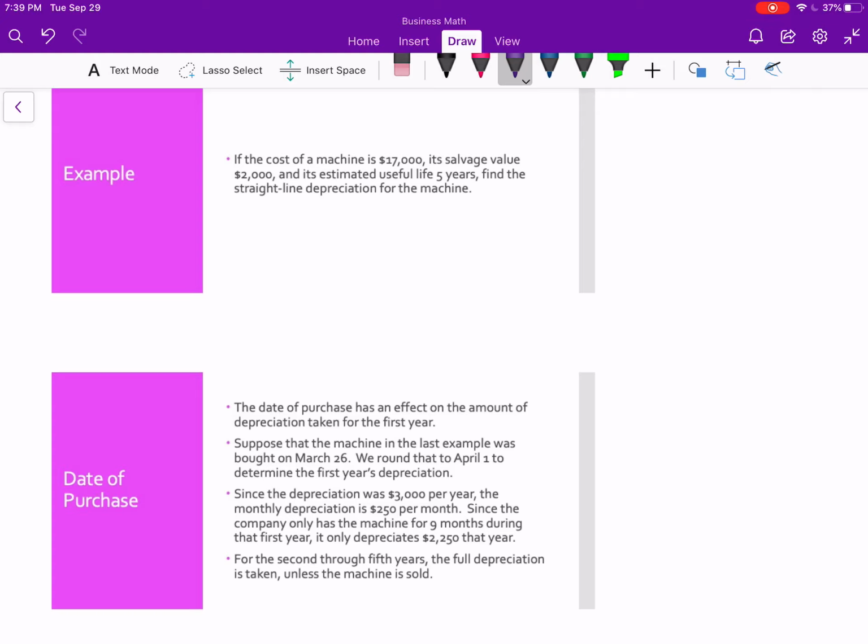For the second through fifth years, because we said it has a life of 5 years, those are all full years, so the full depreciation is taken unless the machine is sold. So be careful about what date things are bought, because that's going to mess up your depreciation for the first year.